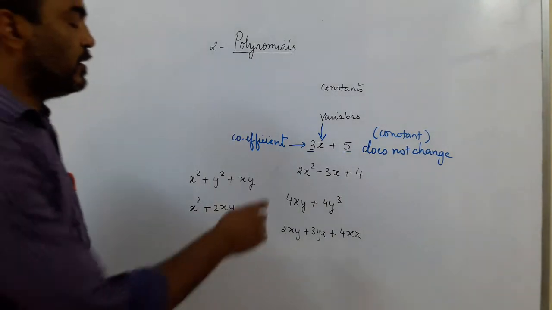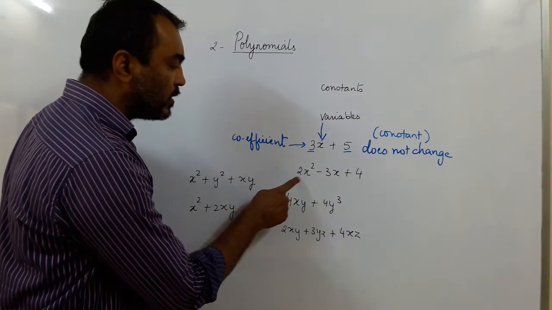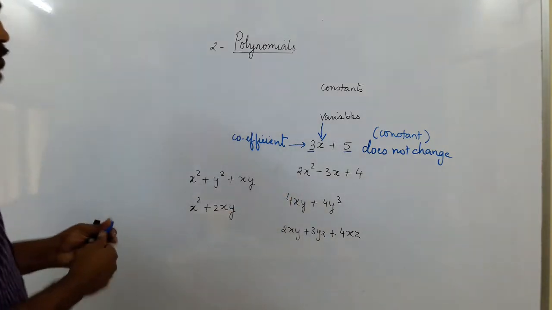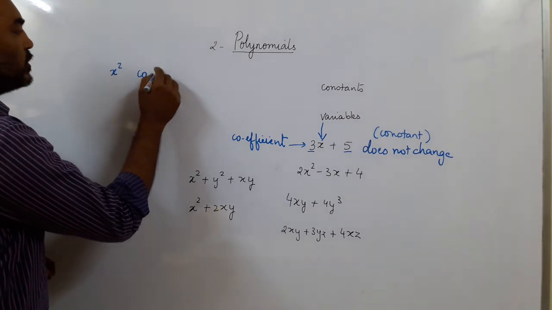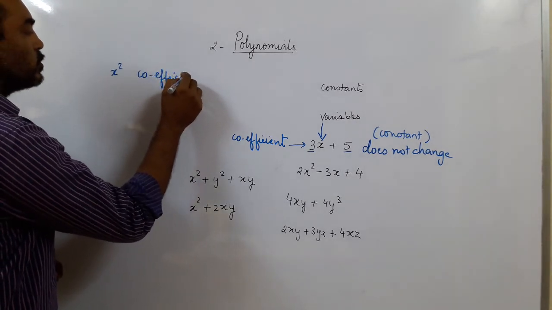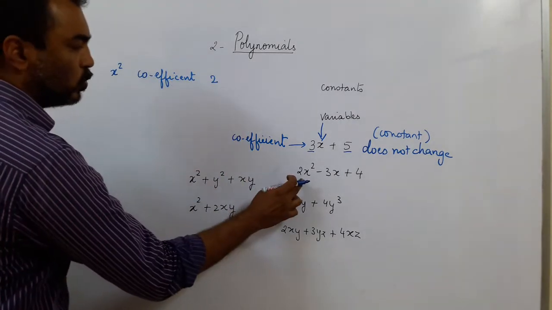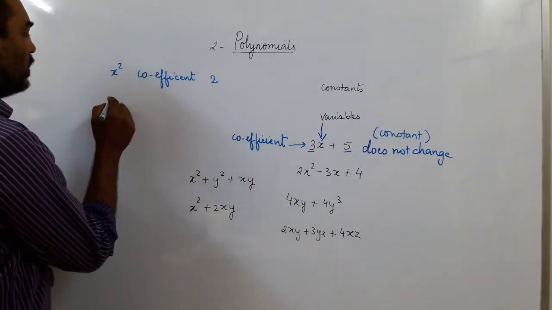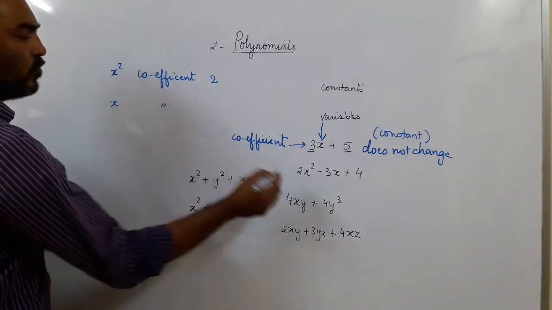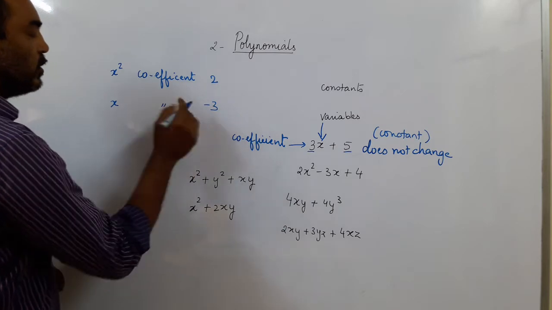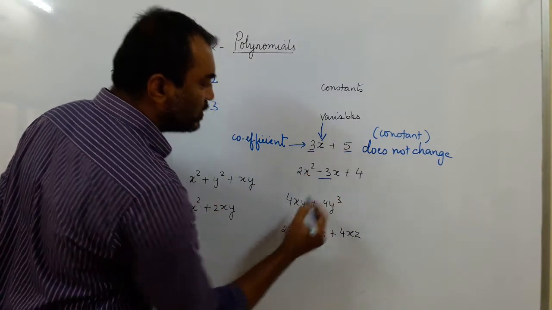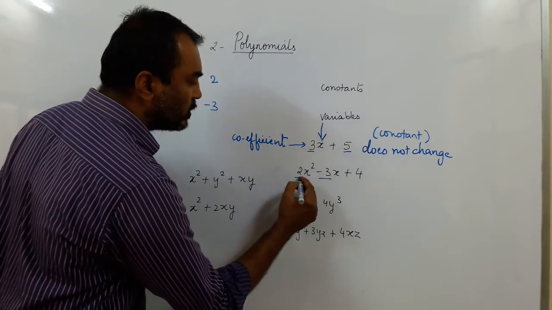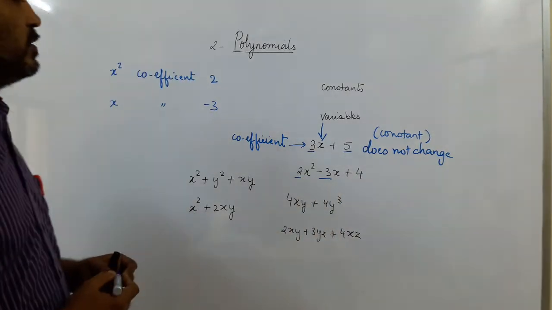We will say the coefficient of x square is 2, the coefficient of x is minus 3, and this is the constant term.